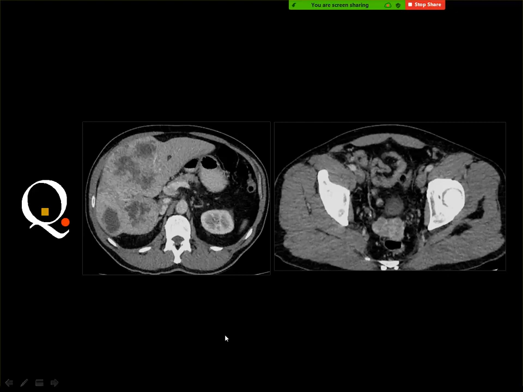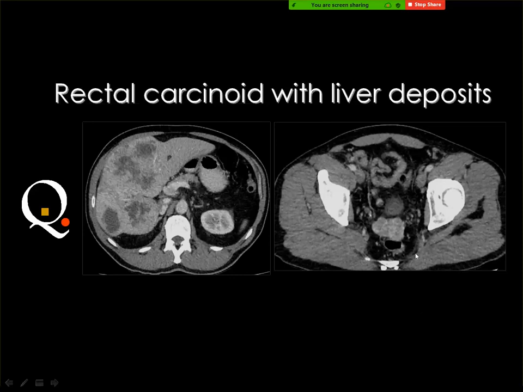Liver deposit. Rectum. Yes, colorectal carcinoma. And you see a mass here in the anterior wall of the rectum with multiple liver focal lesions diagnostic of metastasis. Actually, you cannot say that this is carcinoid, but you see that this is a neoplastic lesion in the rectum that is associated with metastatic deposit.